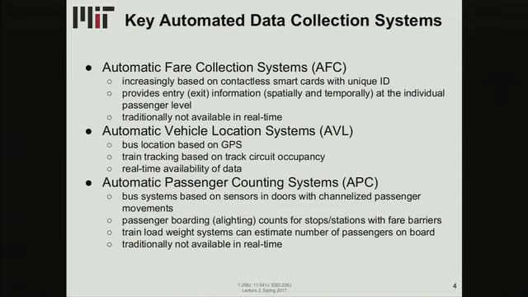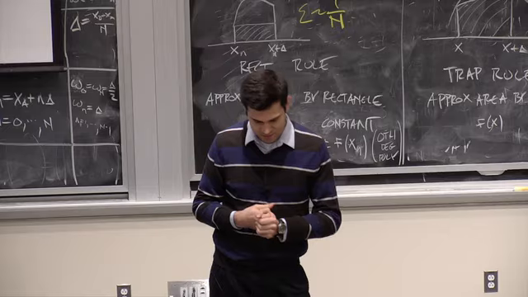Increasingly, it's based on contactless smart cards, and those contactless smart cards have some sort of RFID technology with a unique identifier. When you tap that card to the sensor, it will read that identifier, and it'll do things like fare calculation for you, but that record gets sent to a database, and it's there for people like us to analyze and make good use of it for planning.